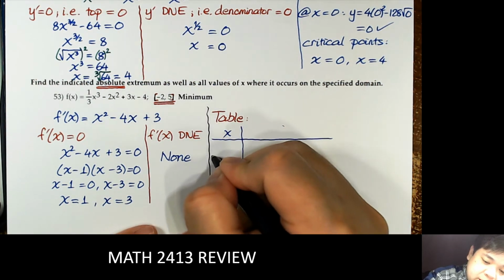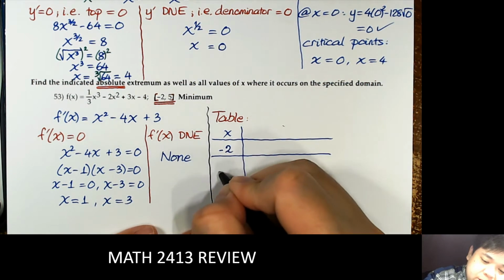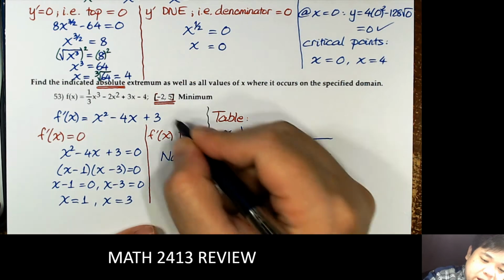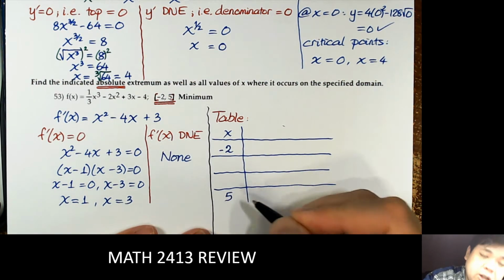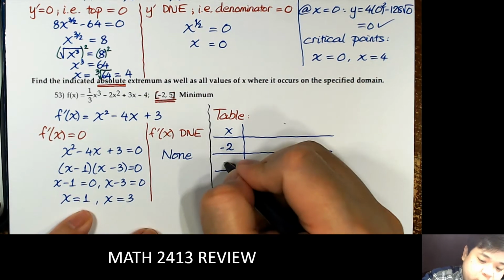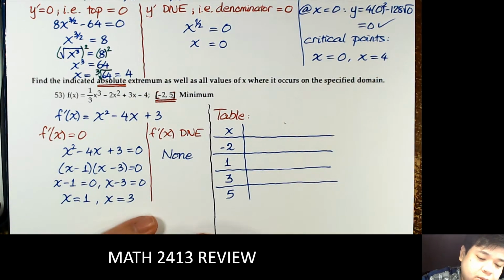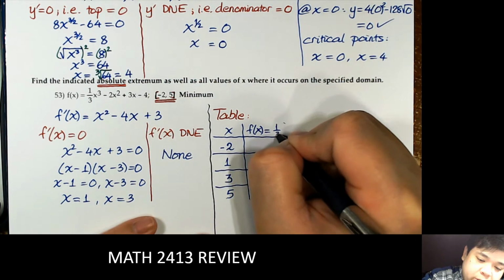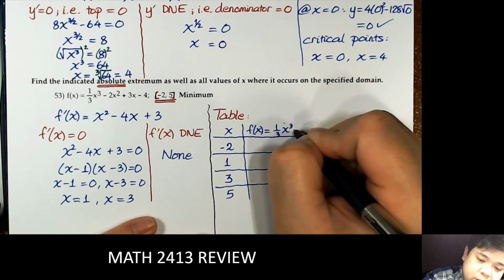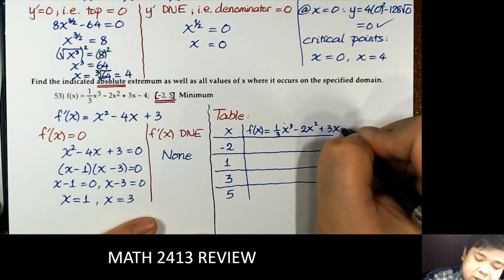So x, we start from -2 and 5, and between there we have 1 and 3. The function is 1 over 3 x cubed minus 2x squared plus 3x minus 4.